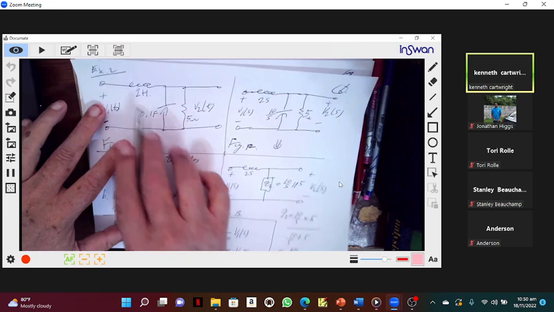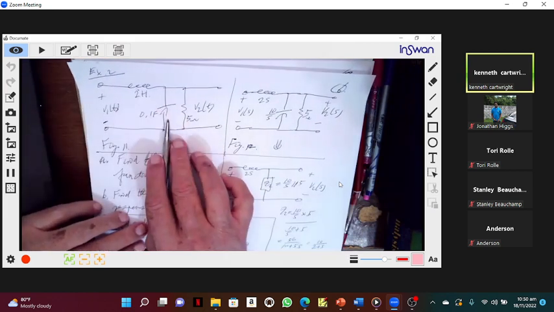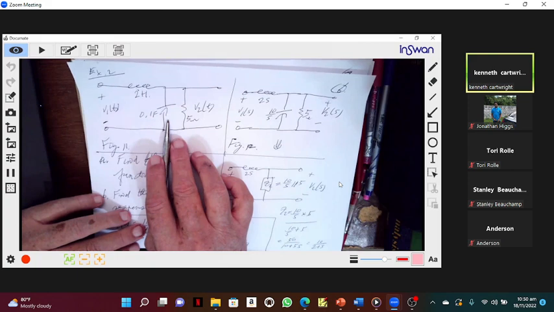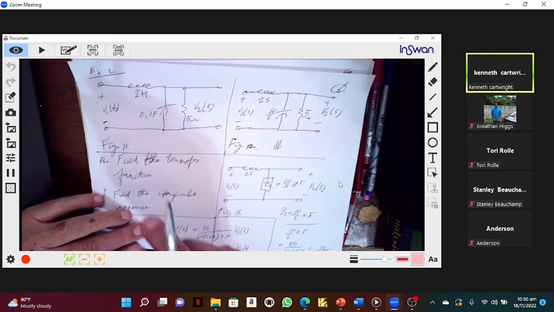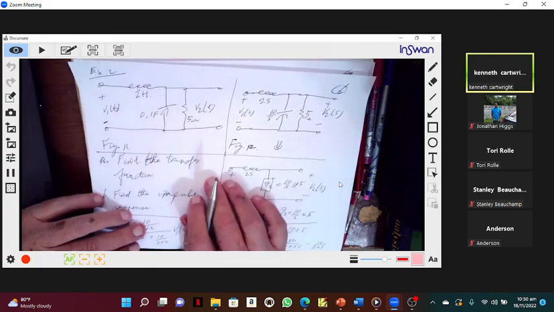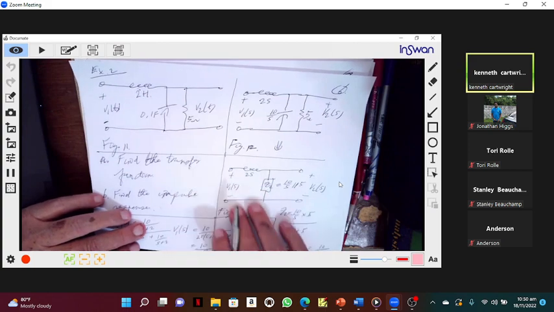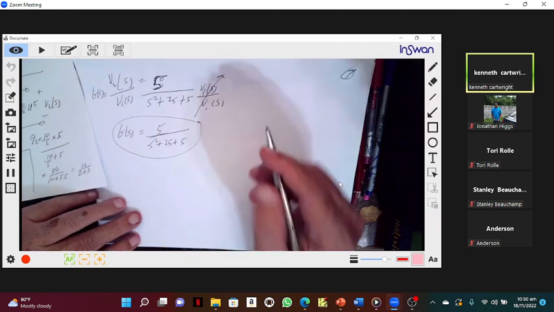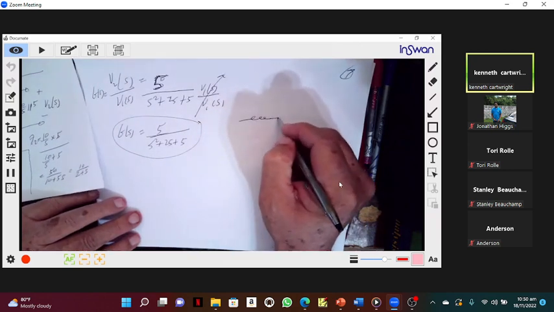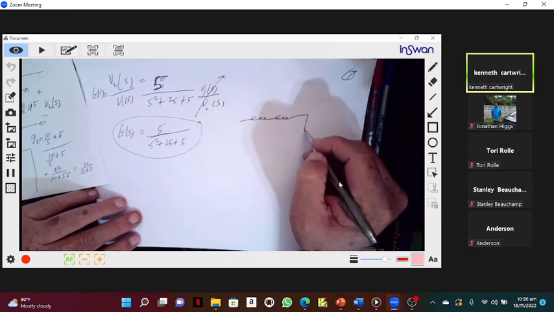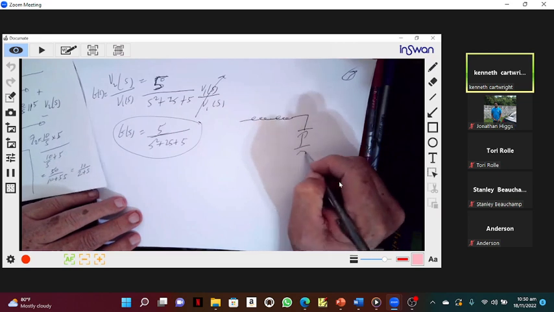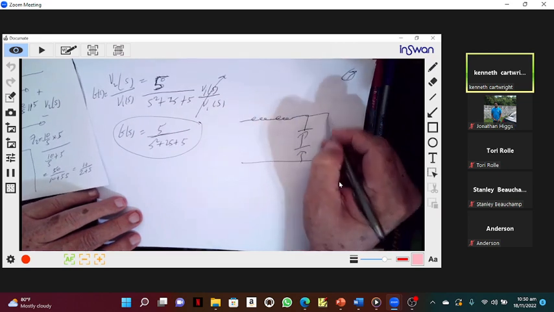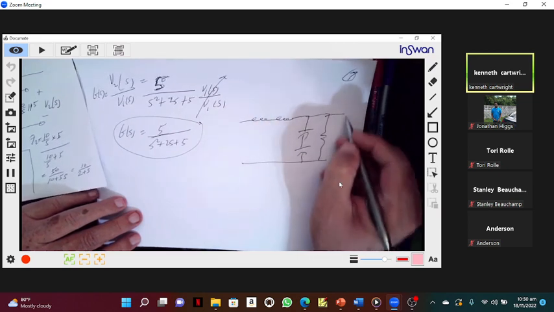Two energy storage devices, therefore it's second order. There's an S term for each energy storage device. Now, having said that, what's the order of this?